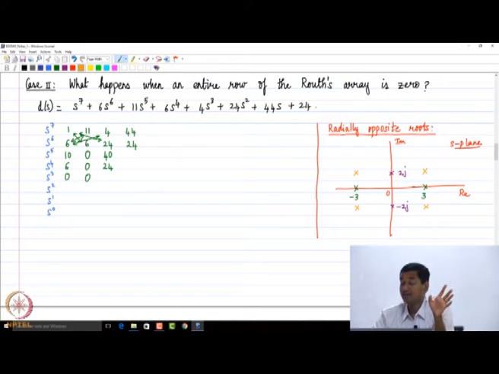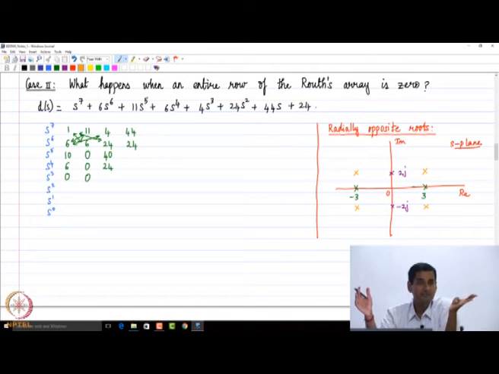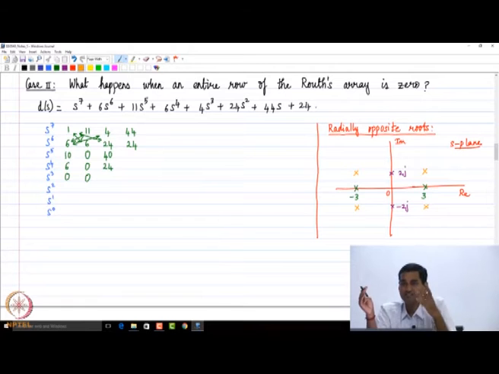And if you have radially opposite roots lying anywhere else, you are going to have minus 3 plus or minus 2j, plus 3 plus or minus 2j, that is also a radially opposite set, right. So, of 4 roots, but essentially they are radially opposite to each other, right, okay.